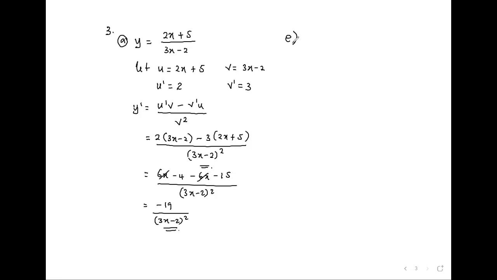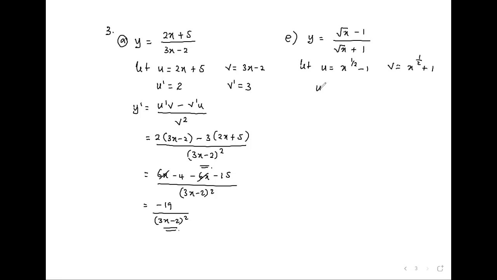Part E, that y is equal to (root x minus 1) over (root x plus 1). So here again, the numerator we write as x power half minus 1. The denominator, x power half plus 1. Remember, whenever you see a root, you think of power half.